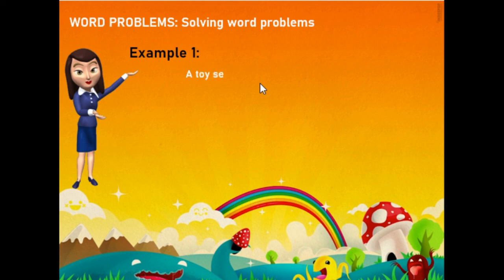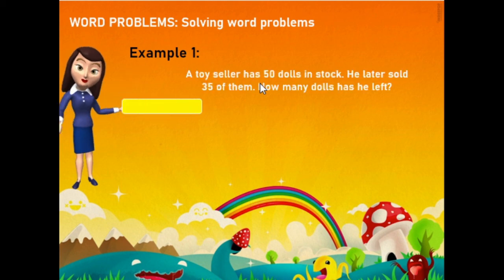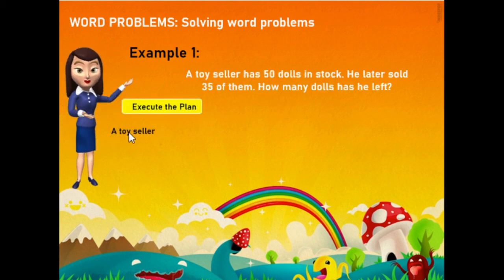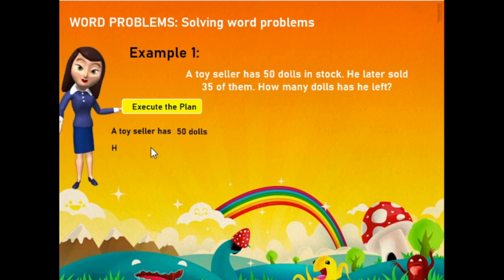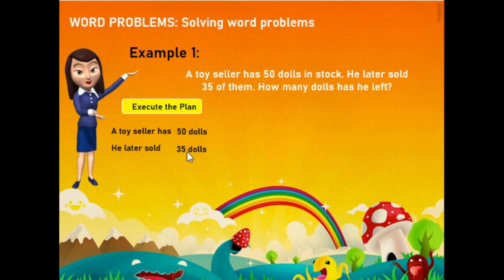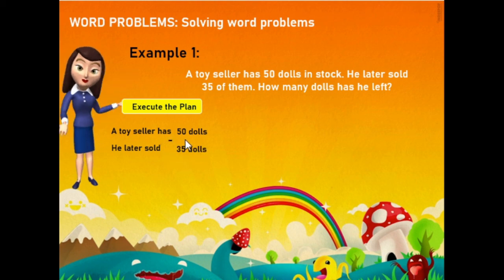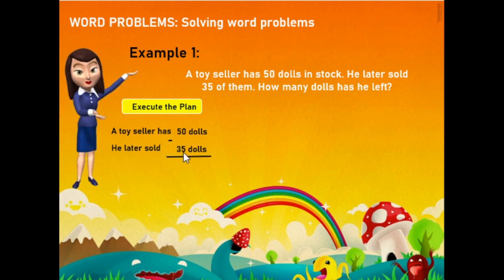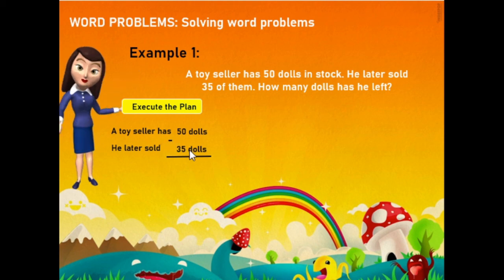Step 3. Execute the plan or solve. A toy seller has 50 dolls. He later sold 35 of them. You subtract 50 and 35. 0 minus 5 cannot be.